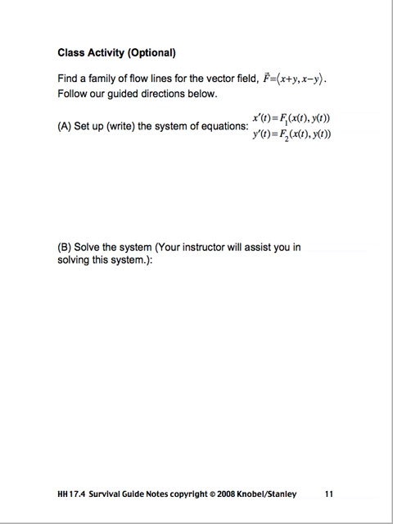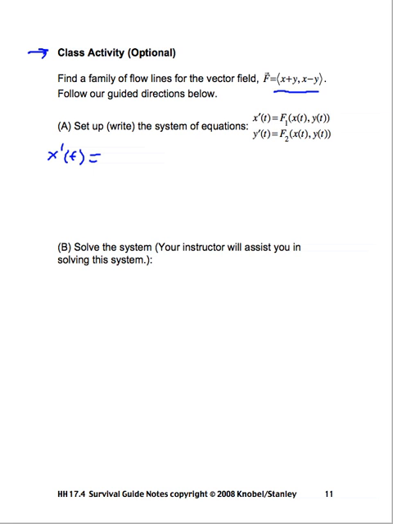Okay, here's an optional activity. Here's that vector field we've been working with for a while now. What I want to do is find the flow lines analytically. Turning to the system of differential equations, x prime on the left is f1 of x of t, r of t.